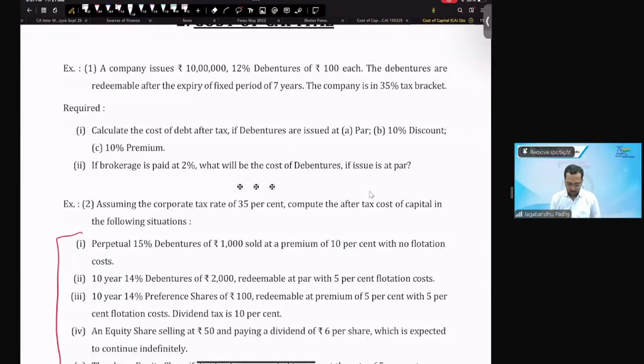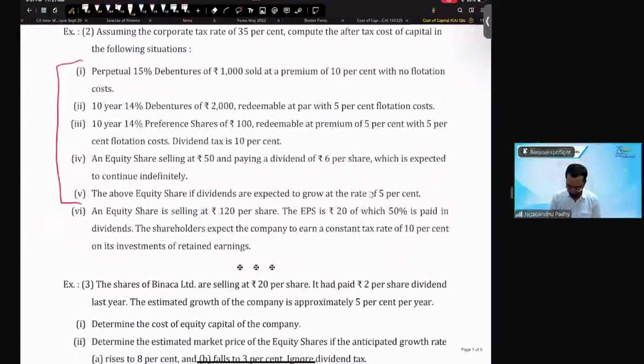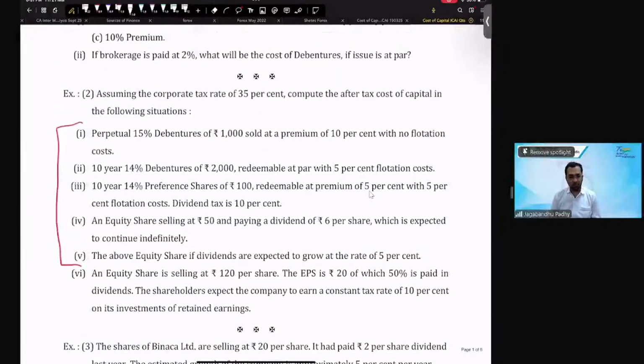Okay, so we got this answer for question number 1. Now try out these questions, guys. The second question. Try to solve question number 2.